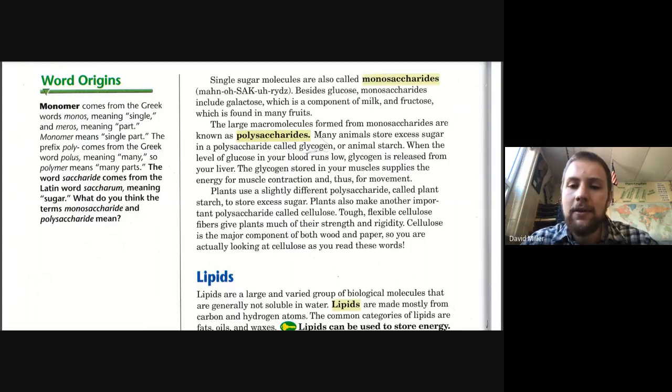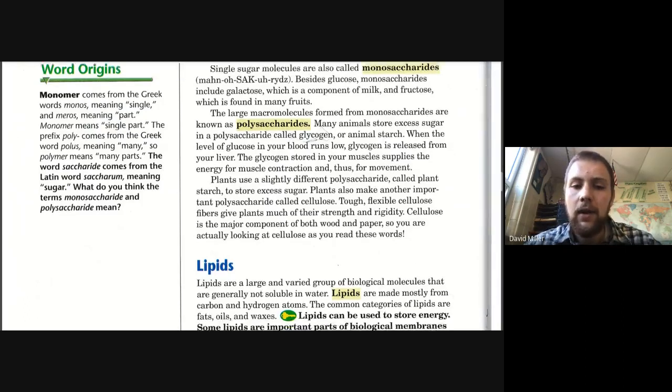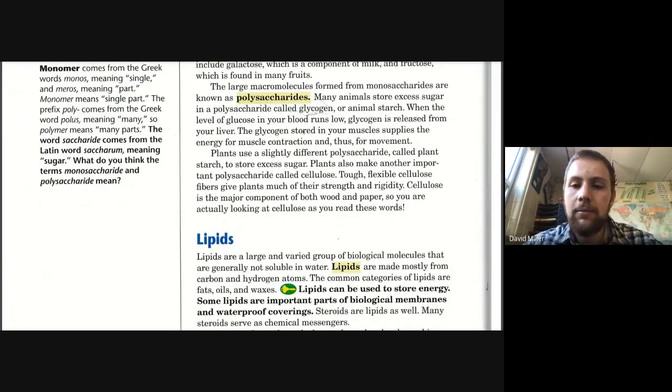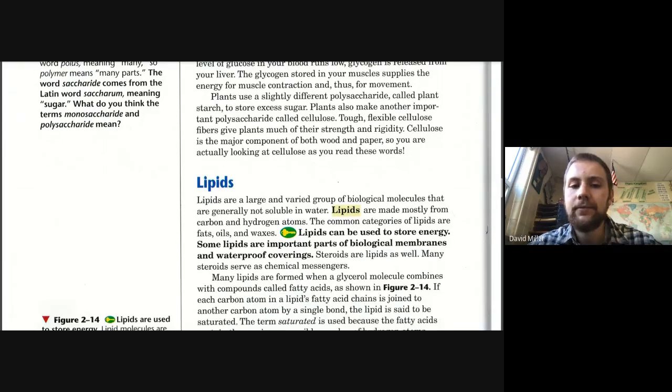Many animals store excess sugar in a polysaccharide called glycogen, or animal starch. When the level of glucose in your blood runs low, glycogen is released from your liver. The glycogen stored in your muscles supplies the energy for muscle contraction and thus for movement.